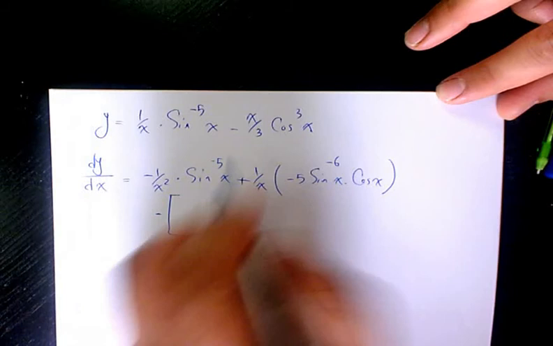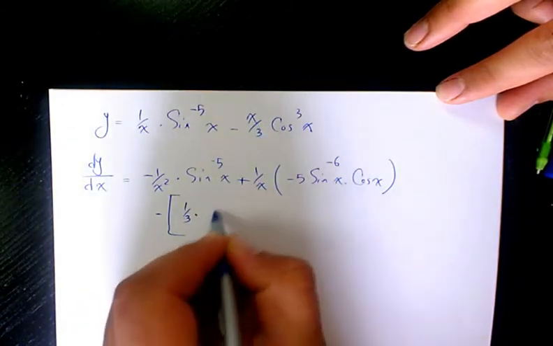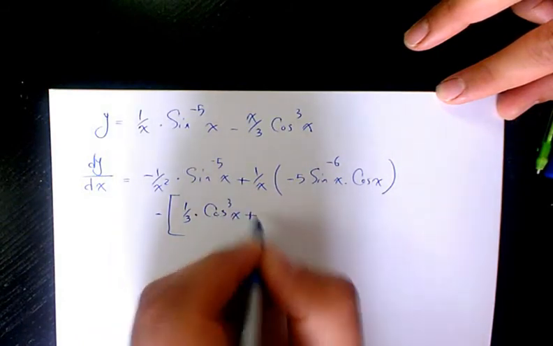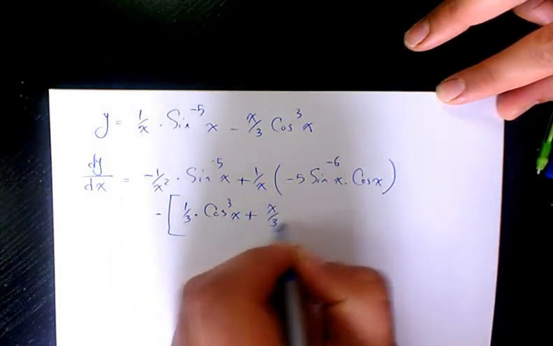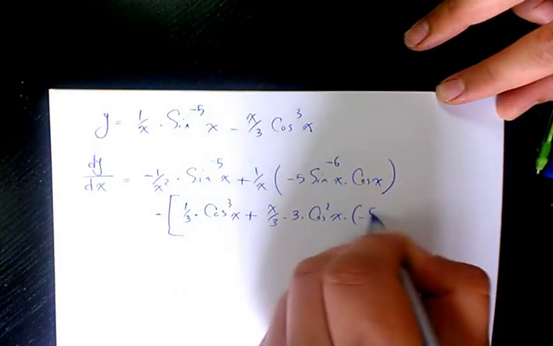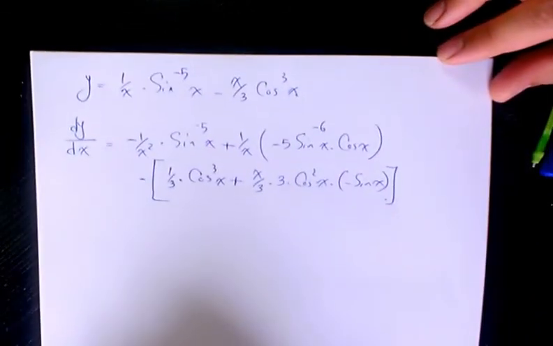minus derivative of x over 3, which is 1 over 3 times cosine to the power of 3x plus x over 3 times cosine squared x times negative sine x.